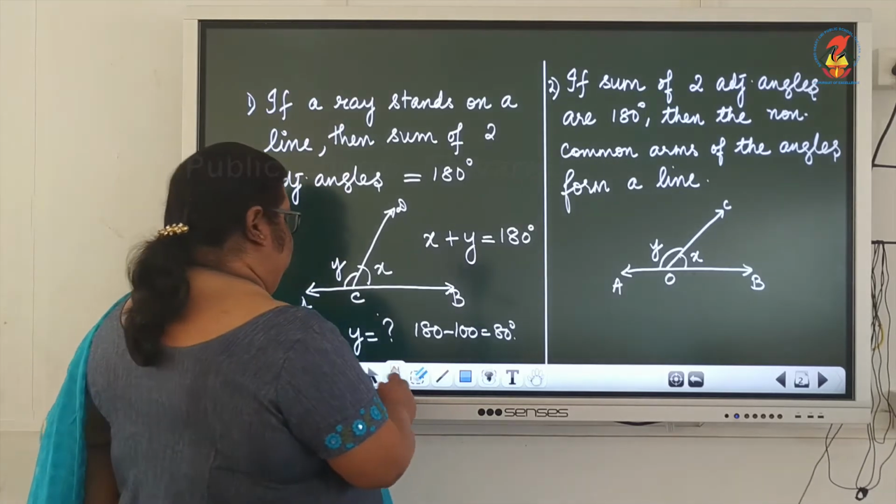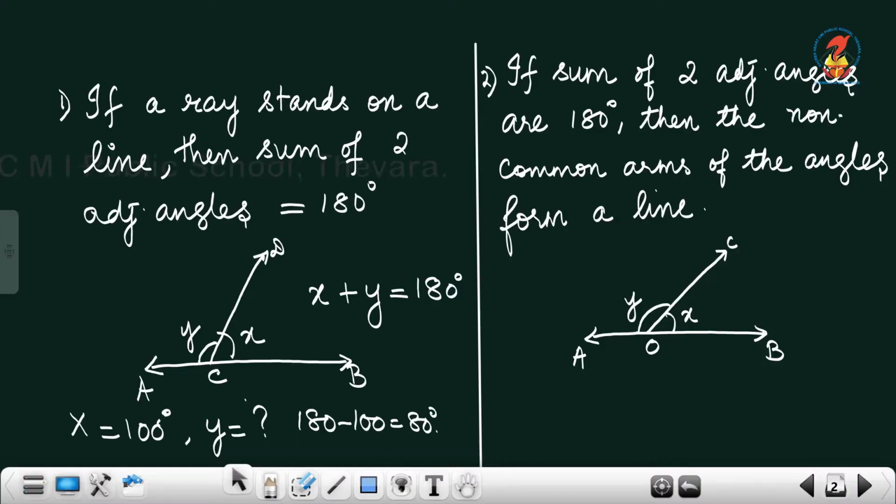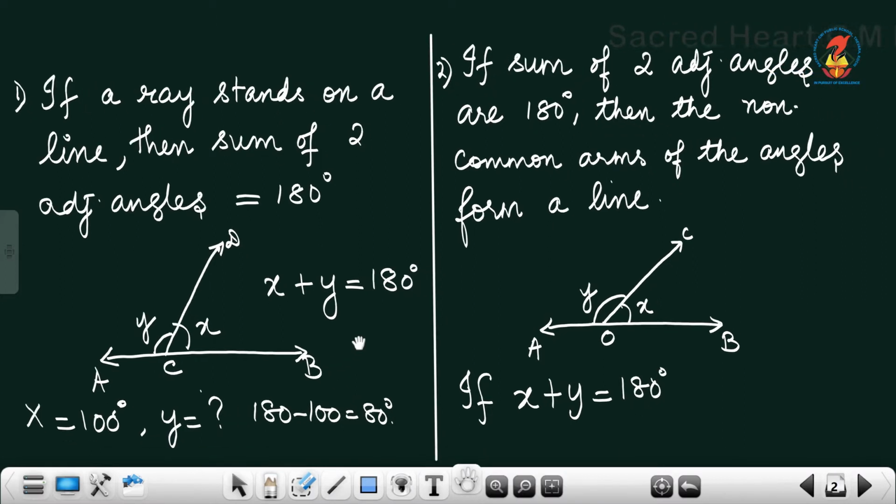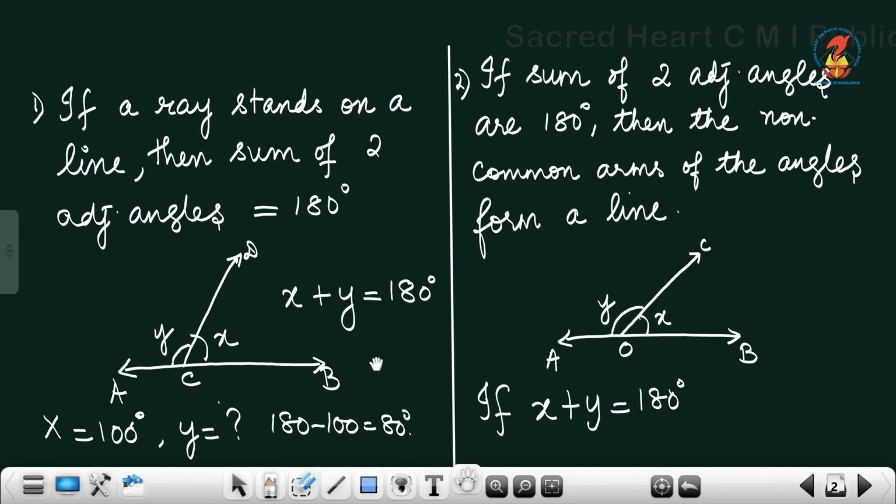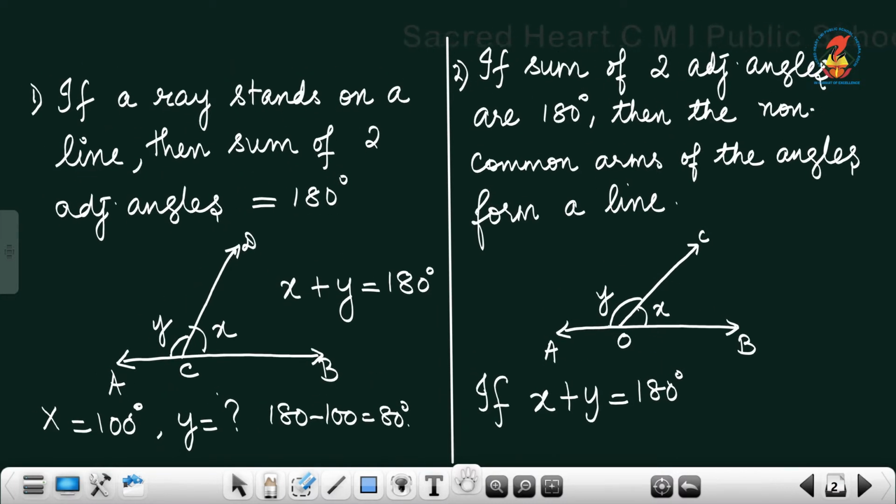Similarly, there is another statement written here. If the sum of two adjacent angles is 180, that means if the adjacent angles are x plus y, and x plus y is equal to 180 degrees, then the non-common arms of the angles form a line.